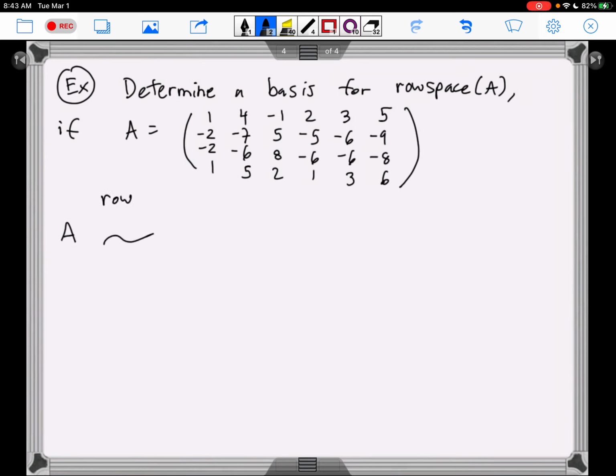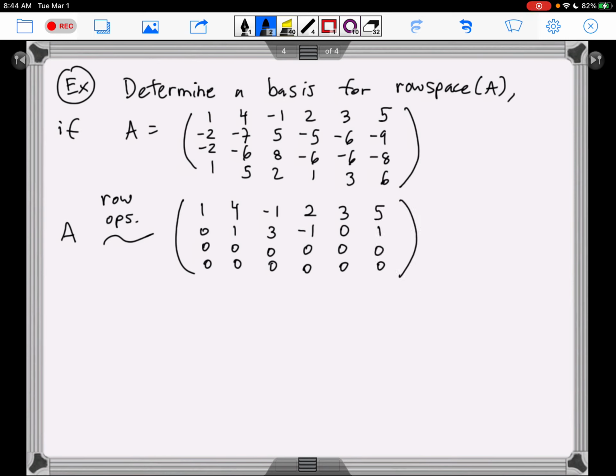So after you do your row operations, you'll end up with 1, 0, 0, 0, 4, 1, 0, 0, -1, 3, 0, 0, 2, -1, 0, 0, 3, 0, 0, 0, and 5, 1, 0, 0. Okay. Notice that you only have 2 non-zero rows, right? This guy and this guy are your only 2 non-zero rows.